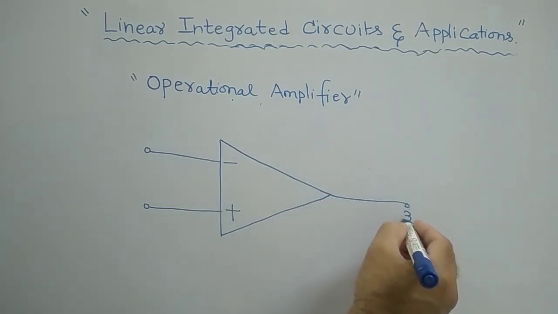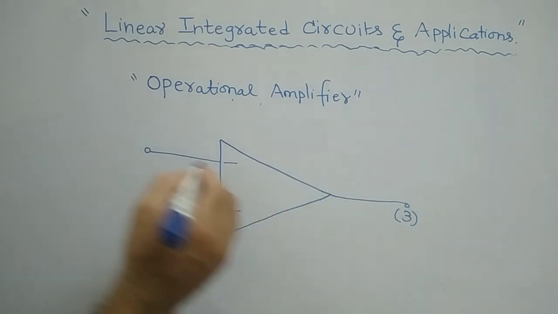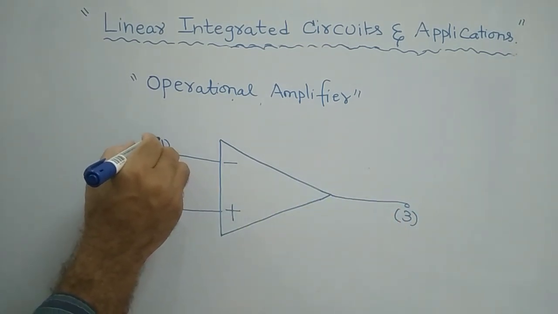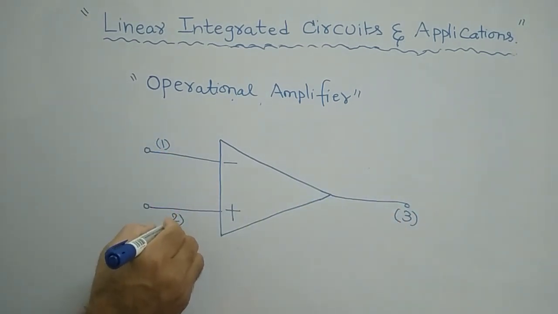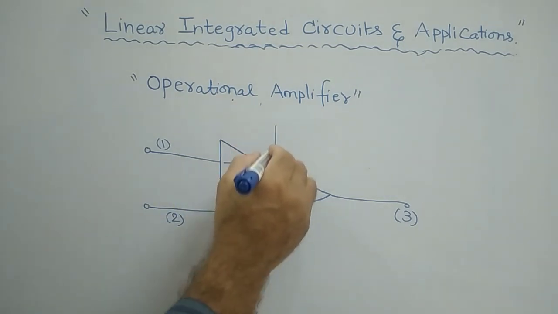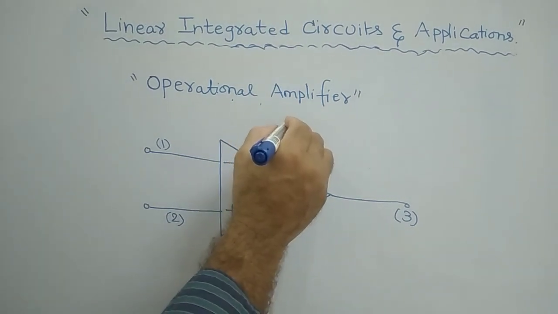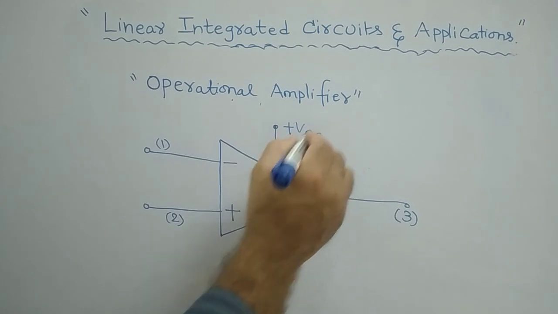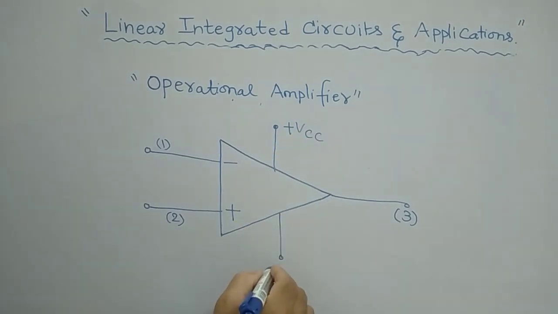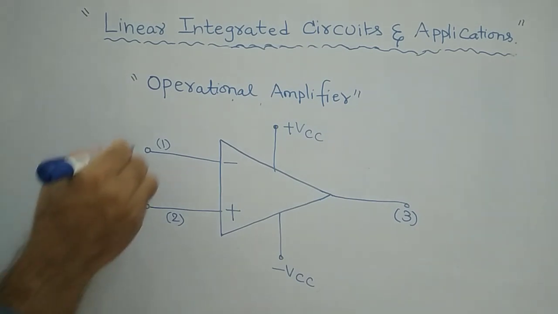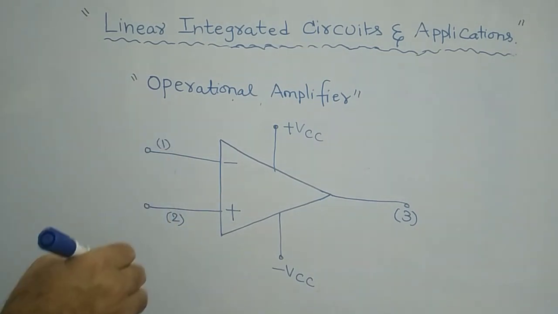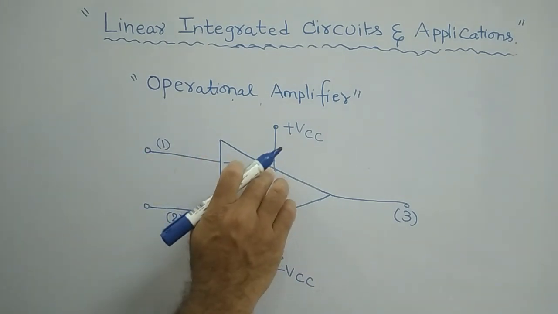Terminal 3 is the output terminal, this is terminal 1, this is terminal 2. It has two power supplies: this is plus VCC, and this is minus VCC. These are the input terminals and this is the output terminal in general.